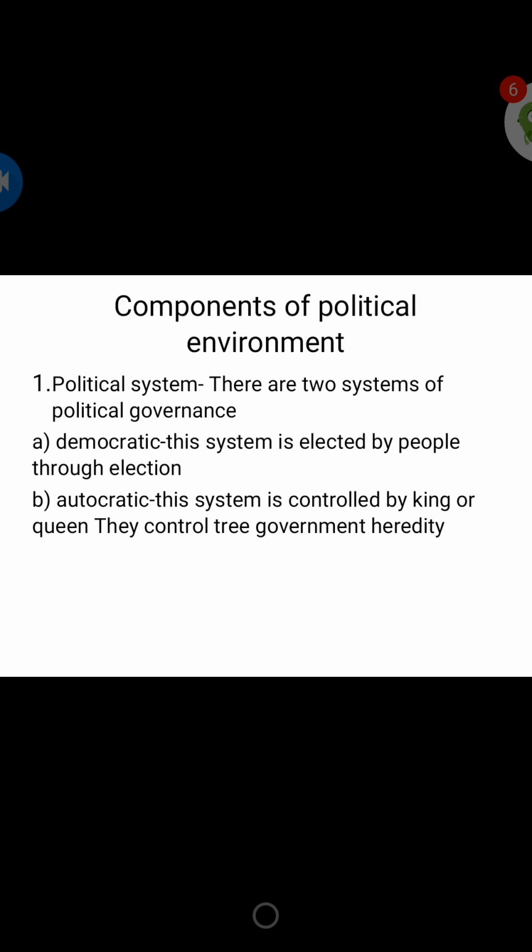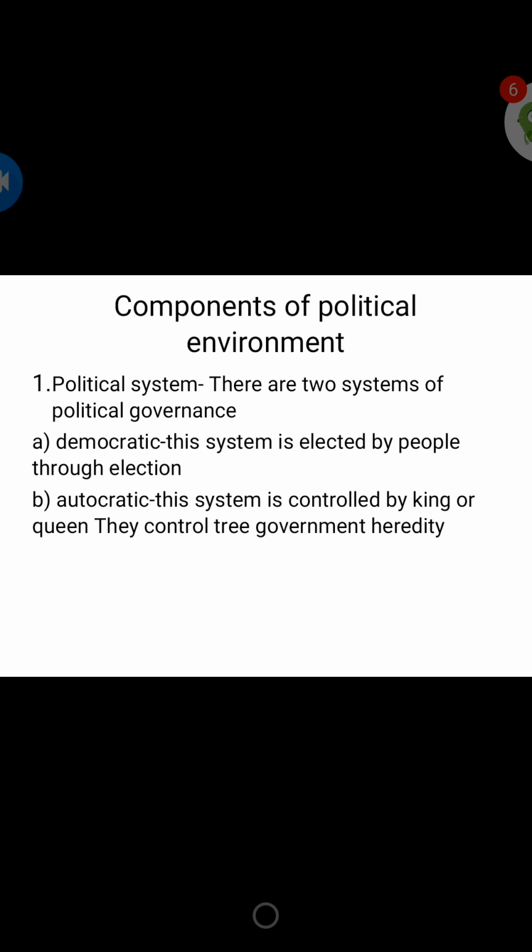So under this system the king or queen is going to control the country. They nominate a council of ministers who will administer the government. These administrators are at the mercy of the monarch or king. Economic and other policies of government are framed to please the king.